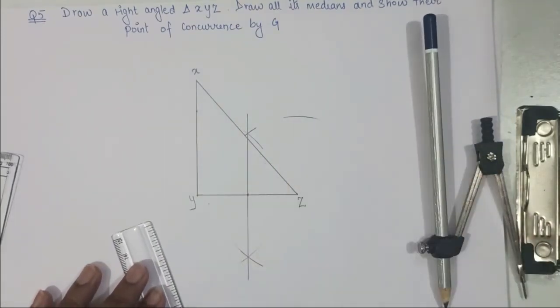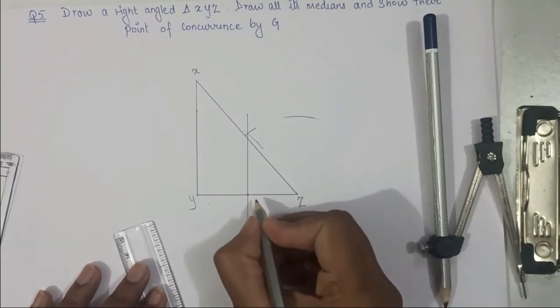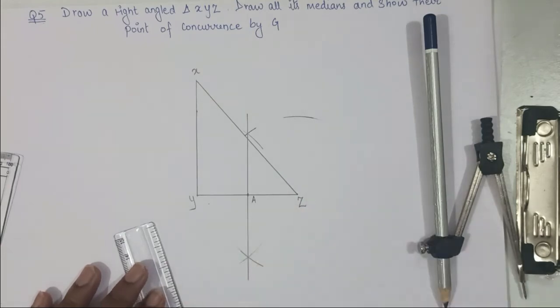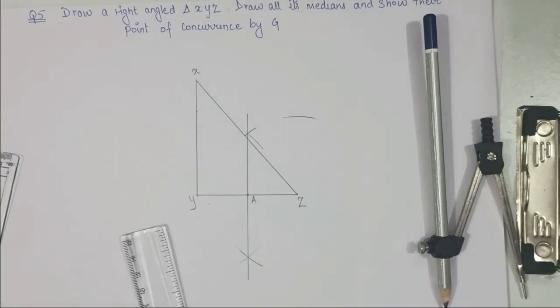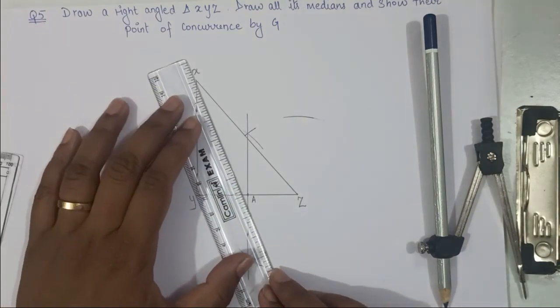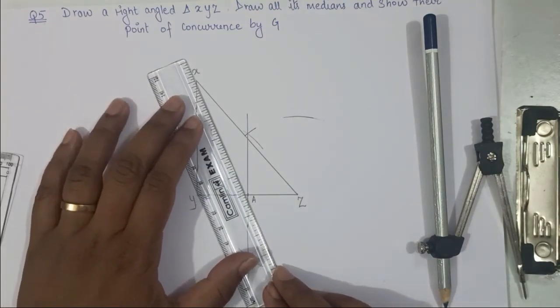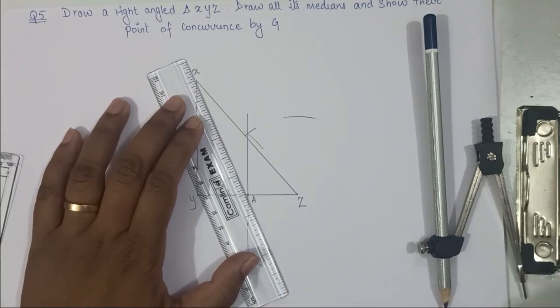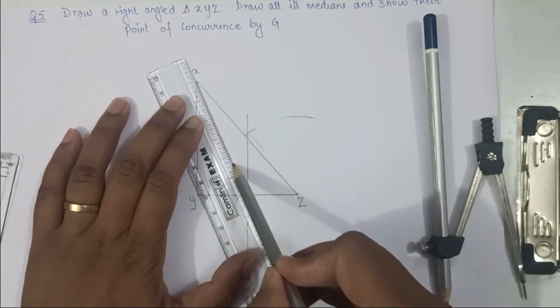So now we will name this as A. Okay, children? We'll draw a line from the vertex X to our midpoint A.